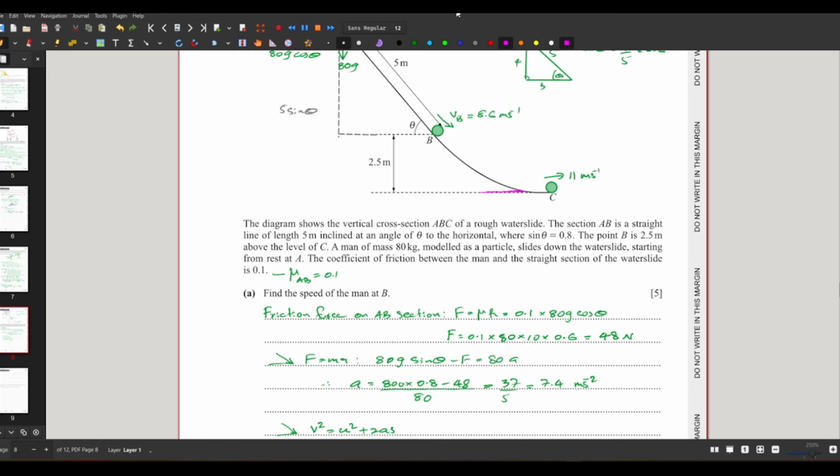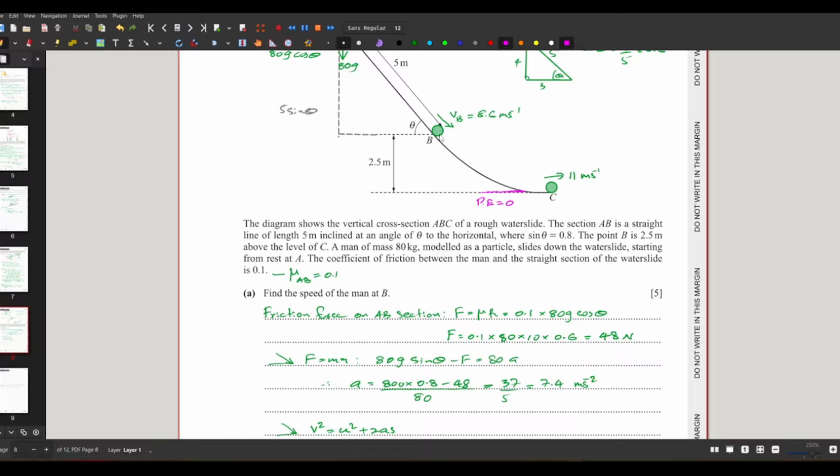So at this bottom level, we consider the potential energy is 0. So then B is about 2.5 meters. So then at point B, you have a potential energy also. So potential energy plus kinetic energy. And when you reach point C, you don't have any potential energy. You have only the kinetic energy.